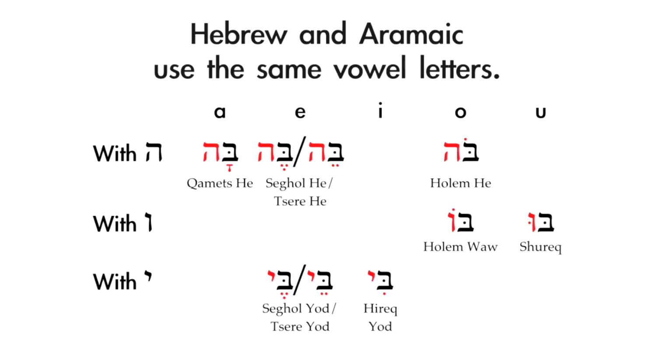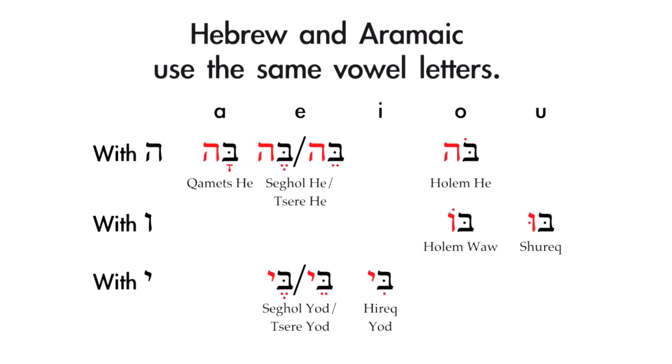In addition to the 10 basic vowel symbols that we just saw, Aramaic also uses 9 different vowel letters. Look at your screen with me. In the same 5 classes, A, E, I, O, and U, you will see 3 different sets of vowel letters. Vowel letters written with hey, vowel letters written with wow, and vowel letters written with yod. All of these vowel letters that you see here are the same vowel letters that you'll see with your Hebrew studies.